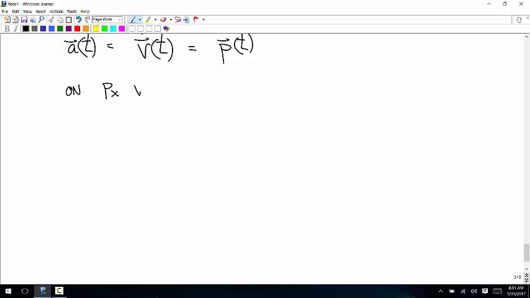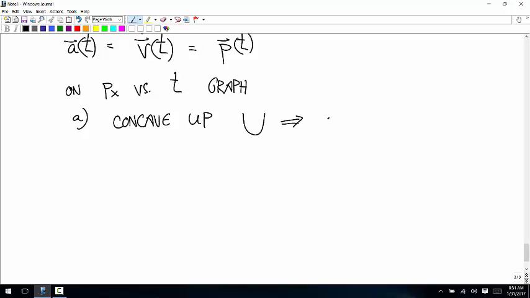On a px versus time graph, concave up means the x component of the acceleration is positive.